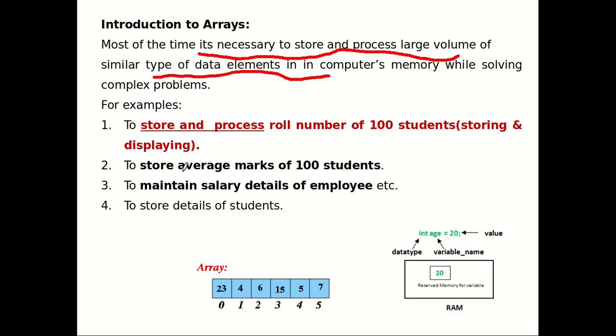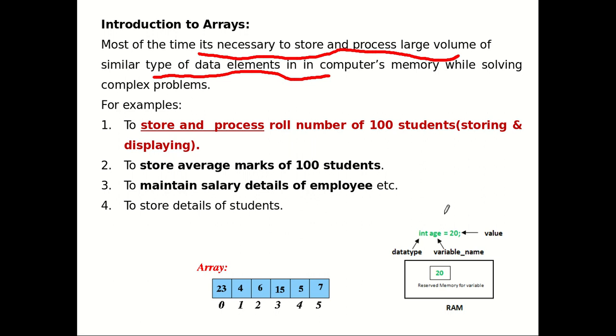So let us see what is the difference between a normal variable and array. A normal variable can be allocated in memory in different locations, so not consecutively. Suppose if we declare two variables at the same time, one variable is allocated in some part of the memory and another variable could be allocated in another part of the memory.